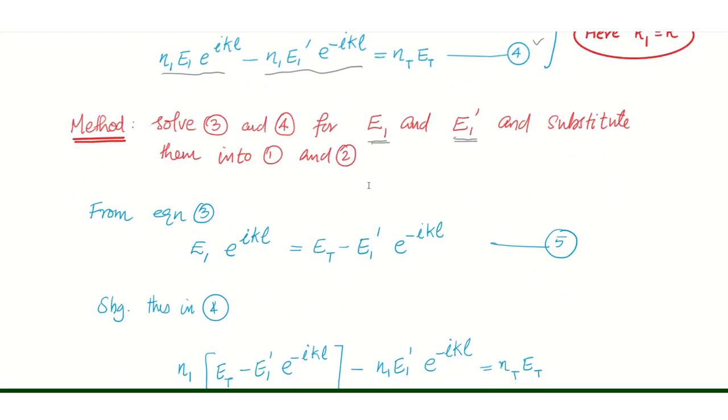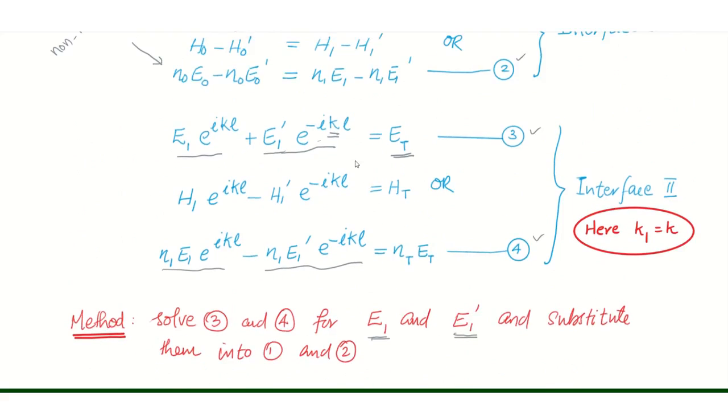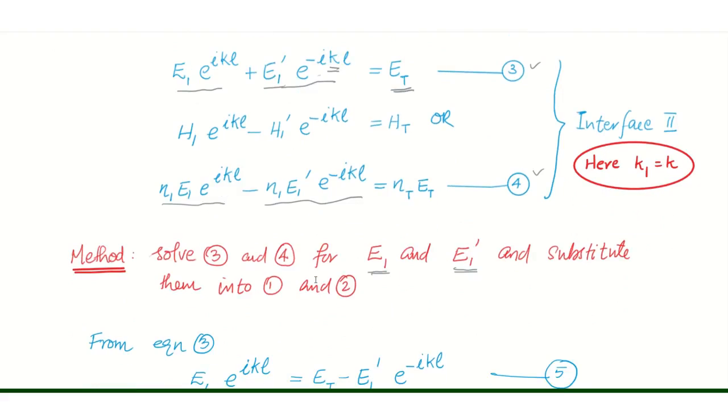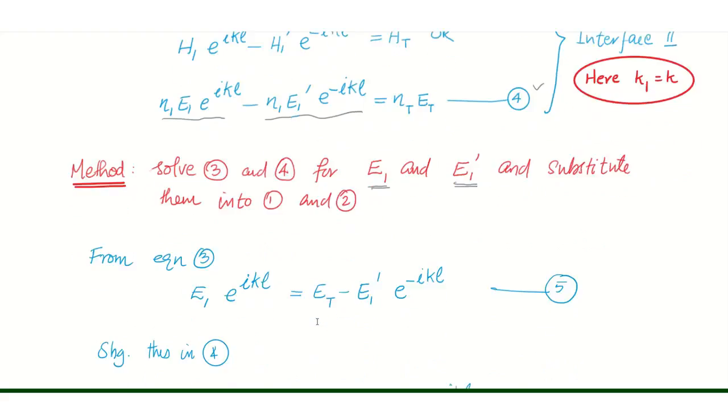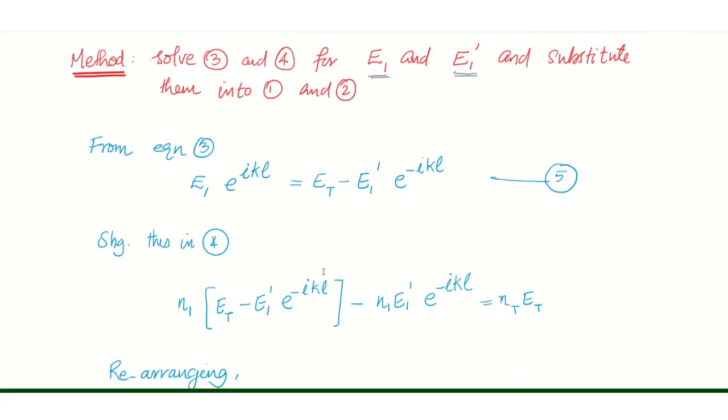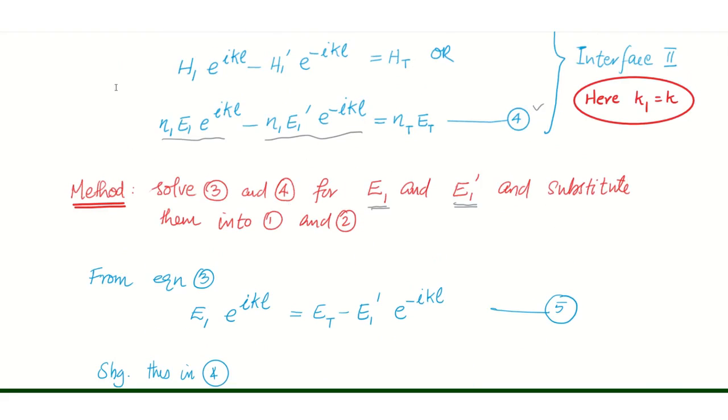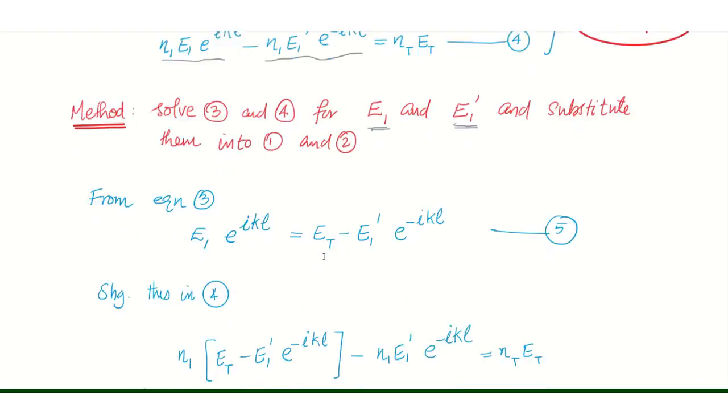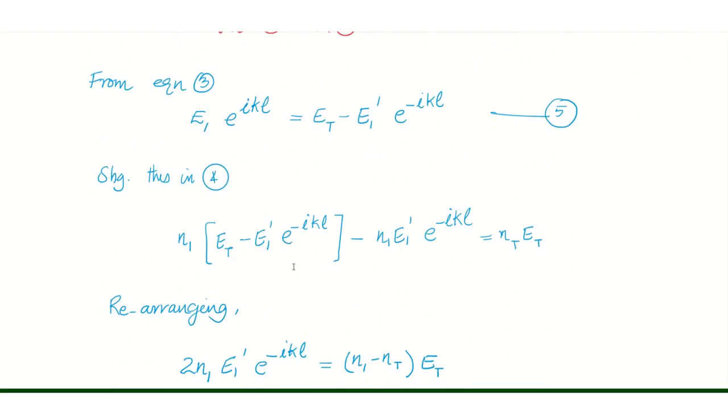From equation 3, that is this equation, you can see E1 e to the power ikL is ET minus this thing, and substituting this in equation 4, the fourth boundary condition. It's a direct substitution.